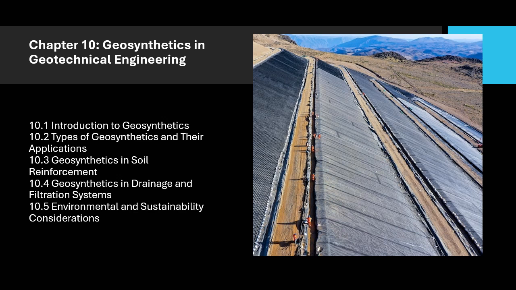2. Embankment stabilization. Geogrids are used in embankments and slopes to improve their strength and prevent settling or sliding of the structure. 3. Pavement reinforcement.